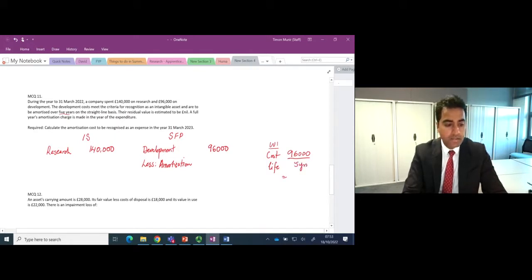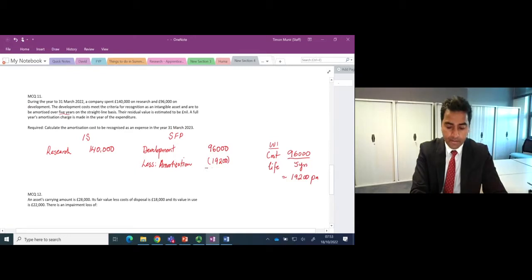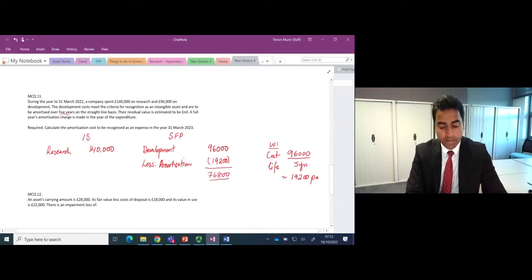And therefore, the amortization charge is 19,200 per annum. And I'll be recording 19,200 as an amortized cost. 76,800 will be appearing in my statement of financial position.